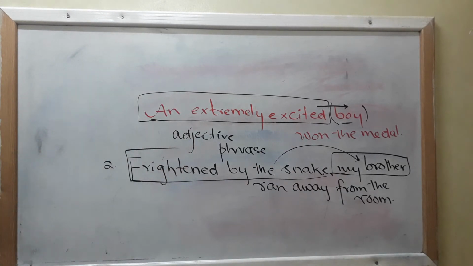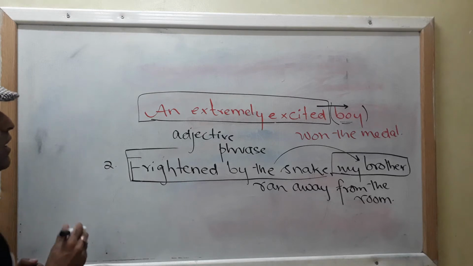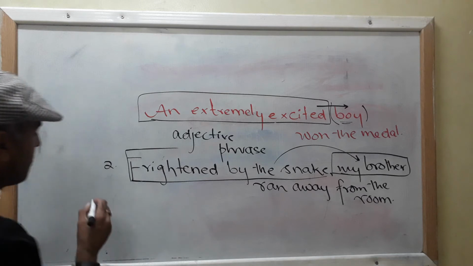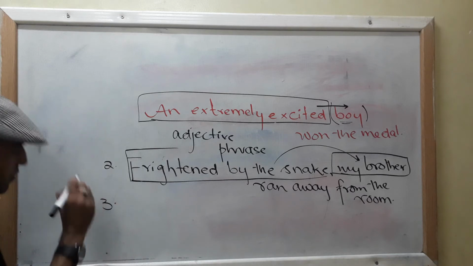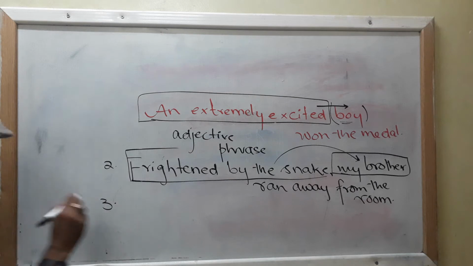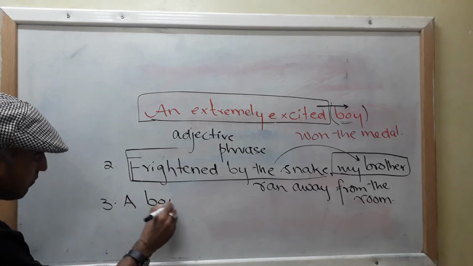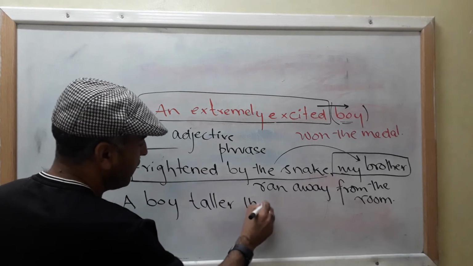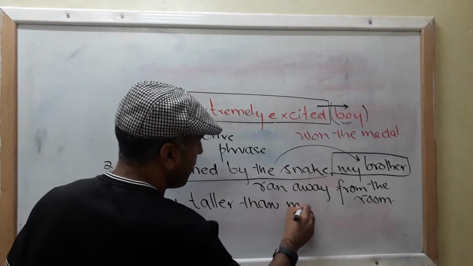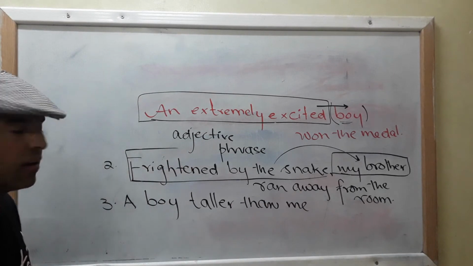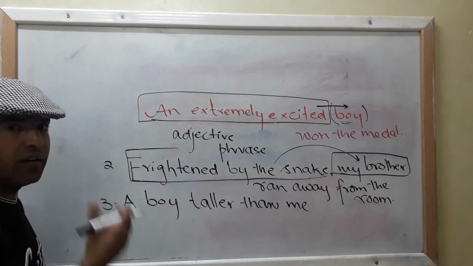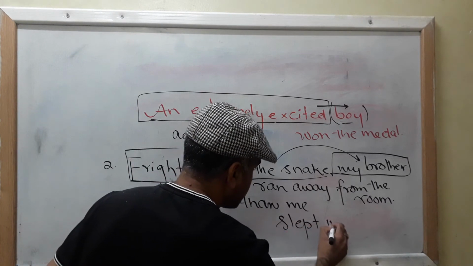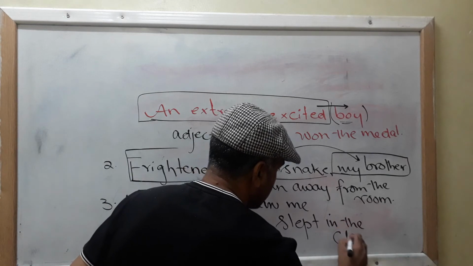As I told you earlier, sometimes your adjective phrase comes in the middle of the sentence. Let's take an example: a boy taller than me slept in the class.